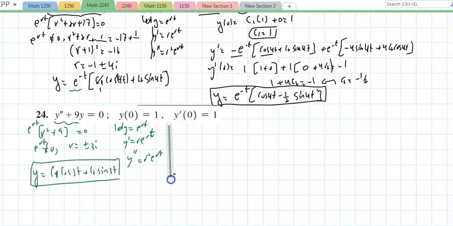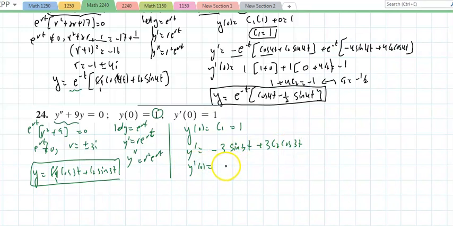And I could say y of 0 equals c sub 1, and that equals 1. Very good. In this case, it just happened that way. And y prime will be negative 3 c sub 1 sine of 3t plus 3 c sub 2 cosine of 3t, and if I take y prime of 0, I'll get 3 c sub 2 equals 1, so c sub 2 equals 1/3.